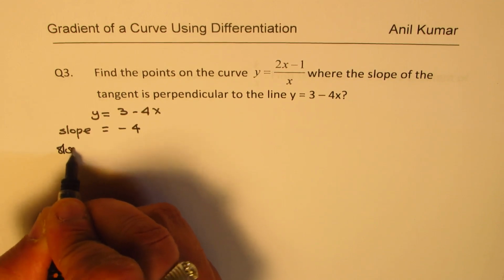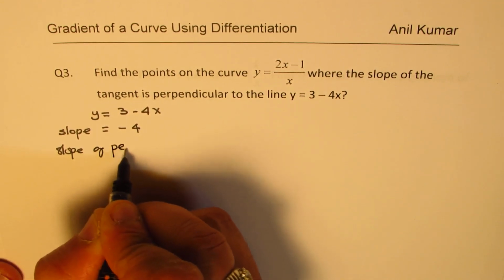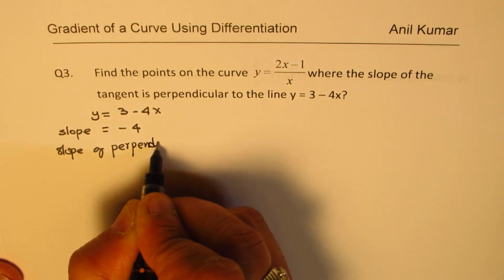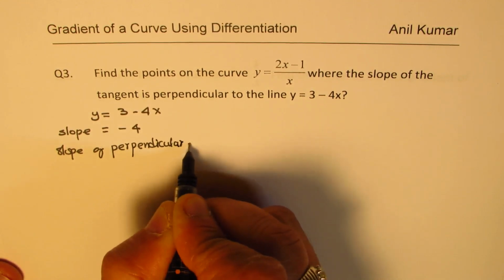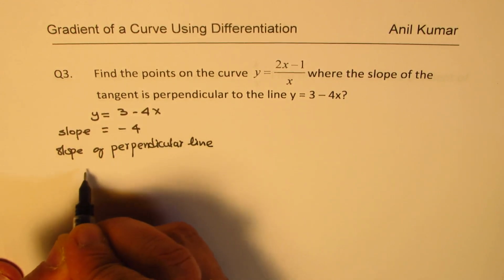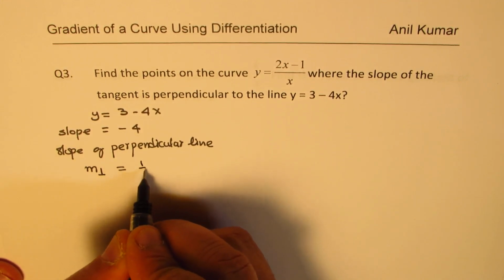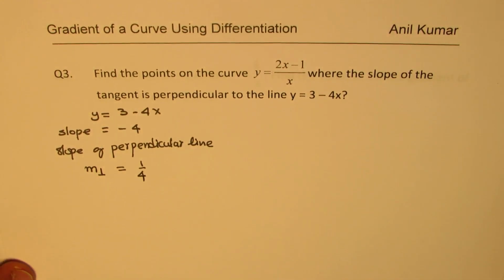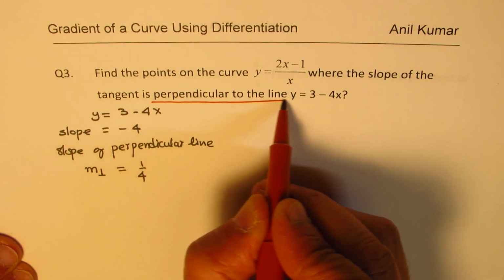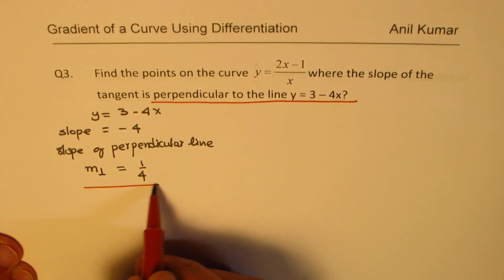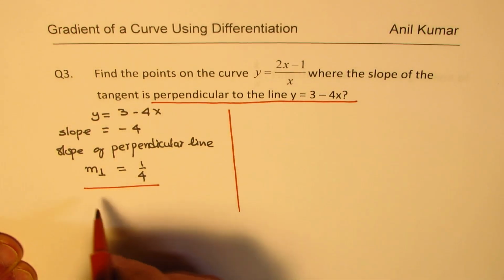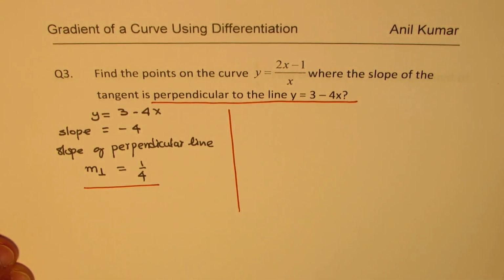So what would be the slope of the perpendicular line? Well, the slope of the perpendicular line, let me write like this, will be the negative reciprocal, or 1 over 4, correct? So from one of these conditions which are given to us, where the slope of the tangent line is perpendicular to y equals this, we want a slope of 1 over 4, correct?